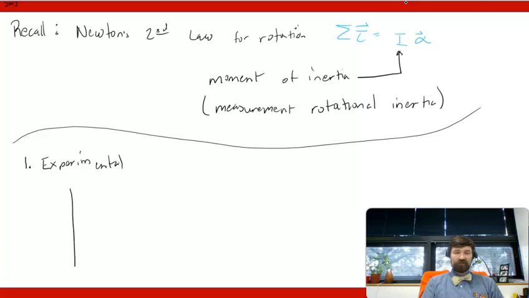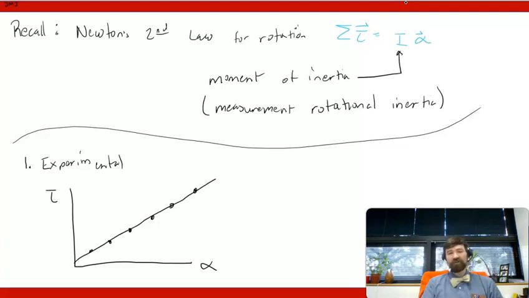And so what you would end up doing is having a plot that has on one axis the alpha, the angular acceleration, and on the other axis the torque. And you should basically end up with a straight line, at least so long as you don't have any external factors like air resistance providing a substantial amount of torque.